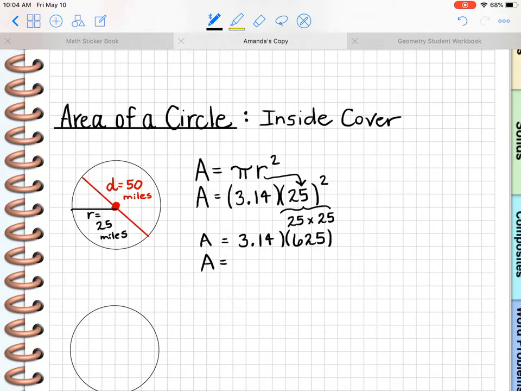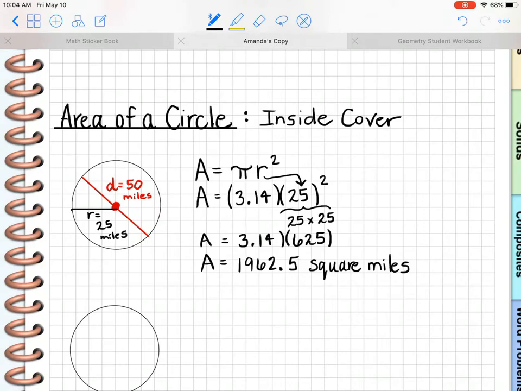So when the prison brings in the search team, they're going to need a lot of manpower because we are searching 1,962.5 square miles. This is a huge area for people to cover.